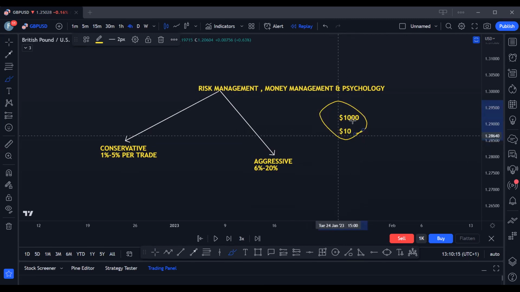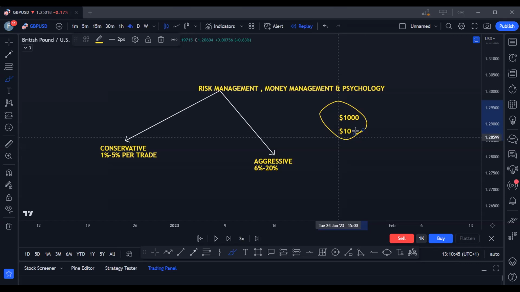That means in order for you to lose your capital, you need to lose 100 trades, literally, consecutively. Most of the time it might be very, very impossible for anybody to lose 100 trades back to back if you have a good trading strategy.